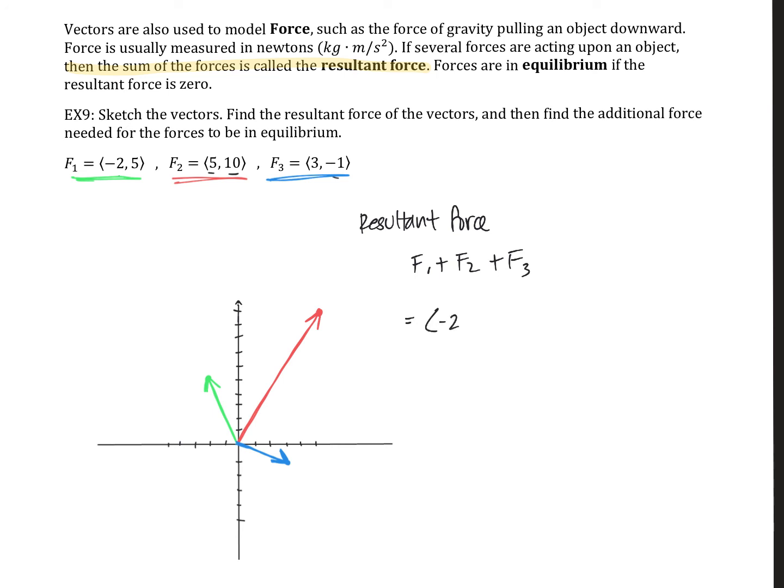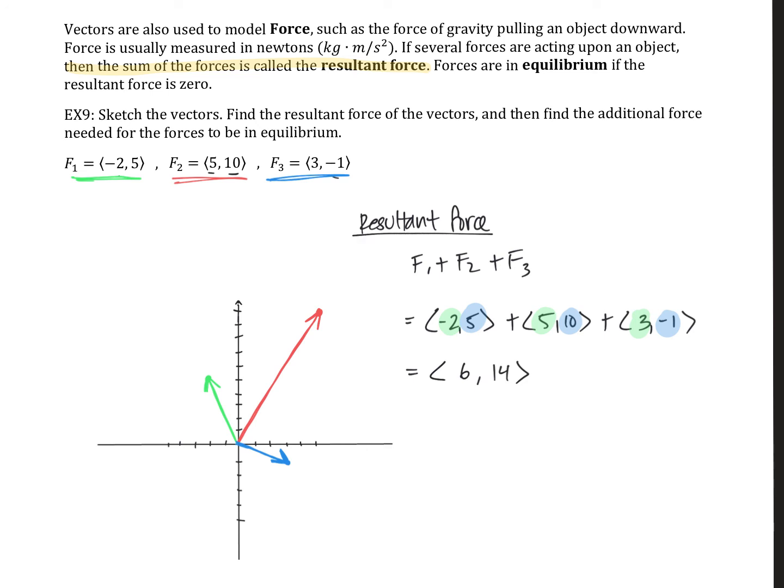Well, that's just going to be <-2, 5> plus <5, 10> plus <3, -1>. Okay, so let's go ahead and add up all the a values and then add up all the b values. Alright, and then we get -2 plus 5 plus 3, that'll end up with 6, and then 5 plus 10 plus -1 will be 14. So there we have the resultant force.